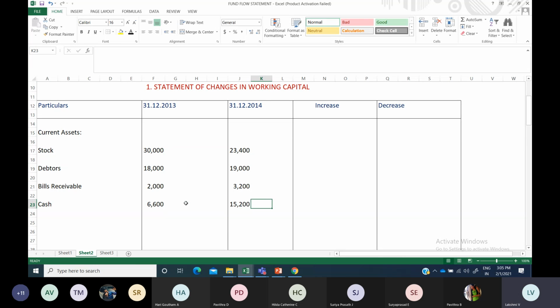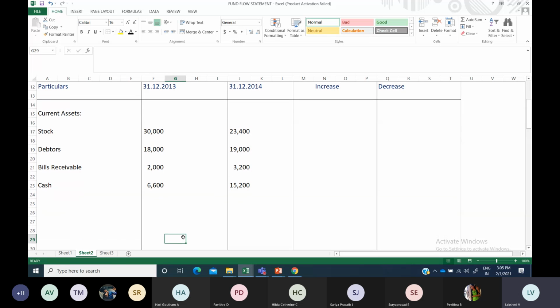Now you can either fill everything and then go for the increase and decrease columns, as per your wish. Now just total the current assets.